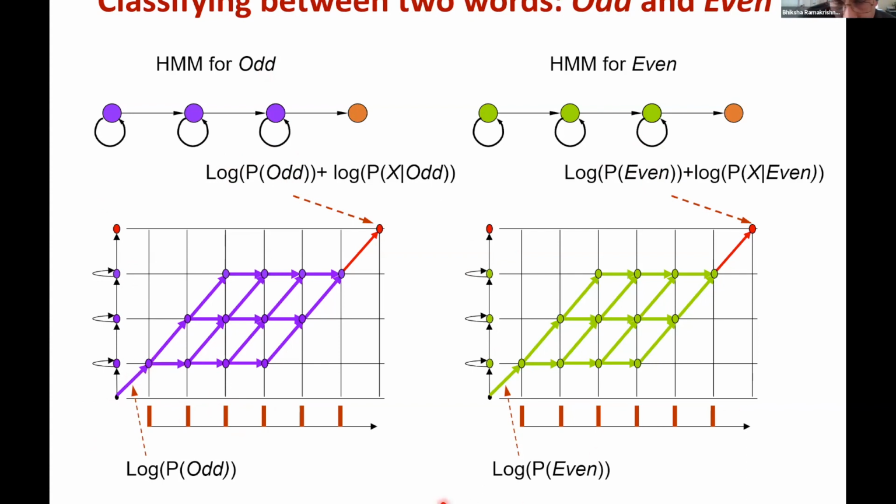And then when I get a new recording, I find the best path through this guy. I'm going to end up with a cost out here. I'm going to find the best path through this guy, and I'm going to find the cost out here. The cost here is the cost of odd. The cost here is the cost of even. I picked the word for which this cost was minimum. This is just exactly the problem that we've spoken about.